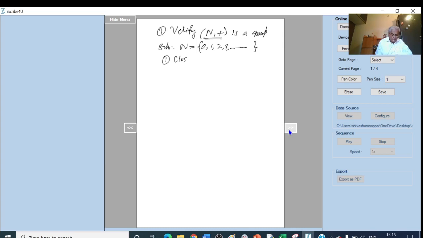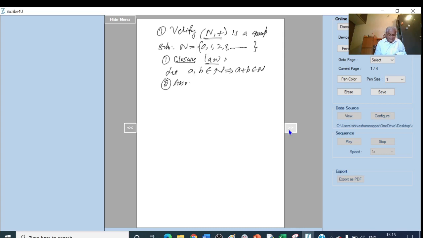First one, closure law. Let A and B be any 2 natural numbers. If A and B are any 2 natural numbers, then the operation here is plus, and A plus B also belongs to N. That is, the closure law is satisfied. First axiom is satisfied. What about the second one?